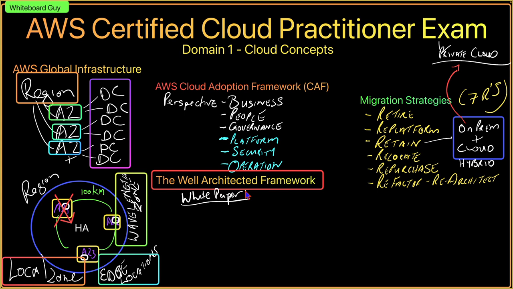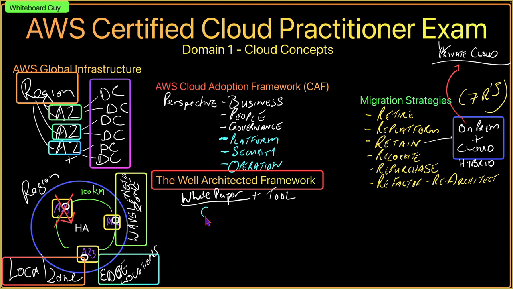So they call these the pillars. There are 6 pillars in the well-architected framework. There's even a tool that they have. There is a well-architected framework tool as well that if you're on your AWS account, you can run this on your infrastructure as well. It covers certain areas that are extremely important.